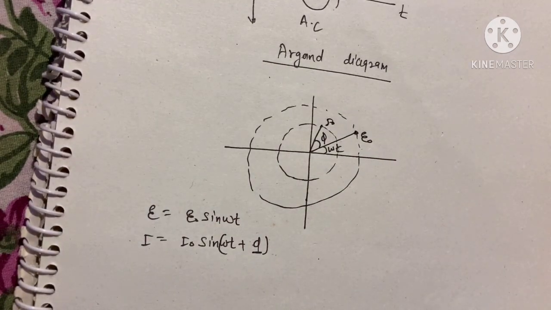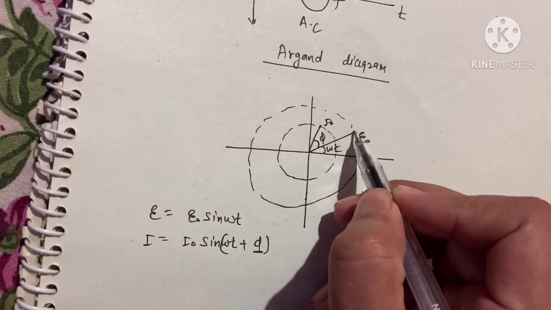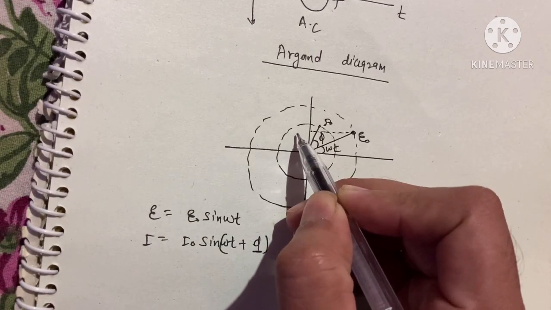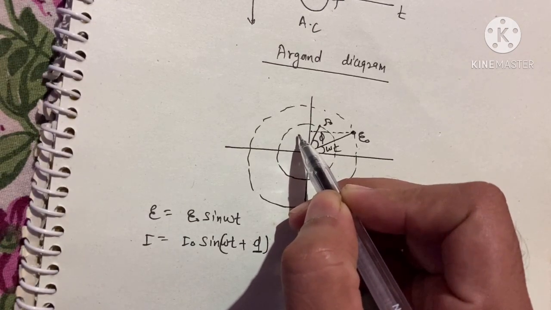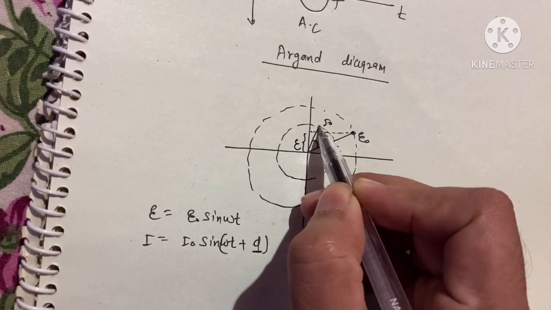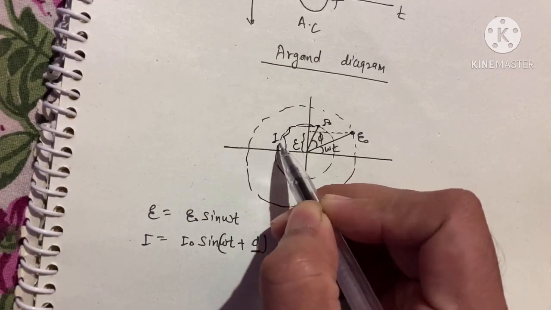Okay, and when we do projection like this, we will get the projection as EMF, here till here on the y-axis, this is EMF, and if you do projection here, this is basically the current.